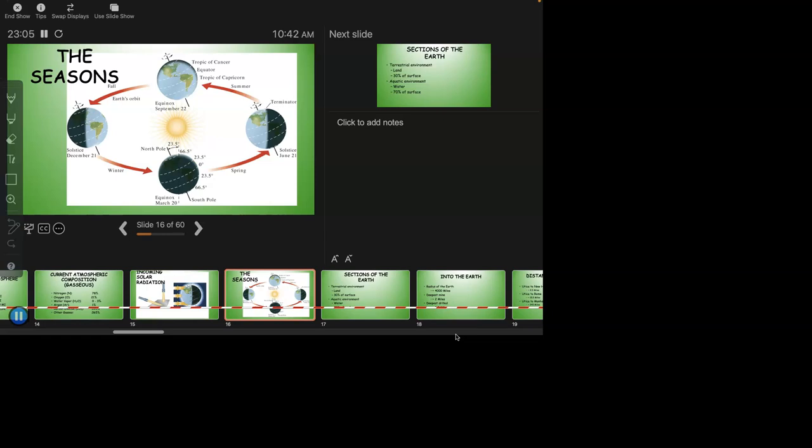The winter solstice, December 21st, the sun is shining on 23.5 degrees south. So from September until December, it takes those 3 months to move 23.5 degrees southerly. So the portion of the Earth that is receiving the most direct sunlight in December is the southern hemisphere.